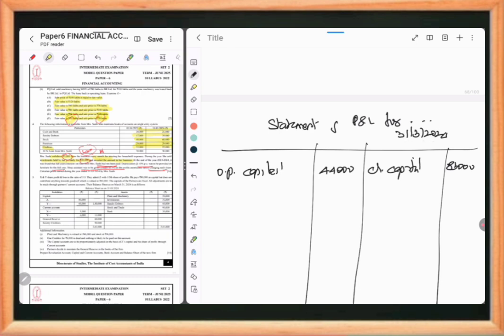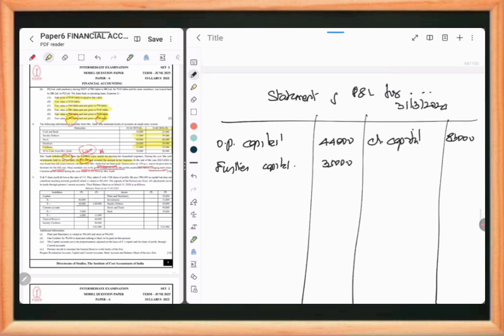Further capital introduced means she sold one investment for rupees 35,000, this amount. So that is further capital, 35,000. And then drawings account is debited to capital account normally. So while preparing the statement of profit, closing capital plus drawings. Drawings, how much? 5,000 into 12, that is 60,000 rupees.